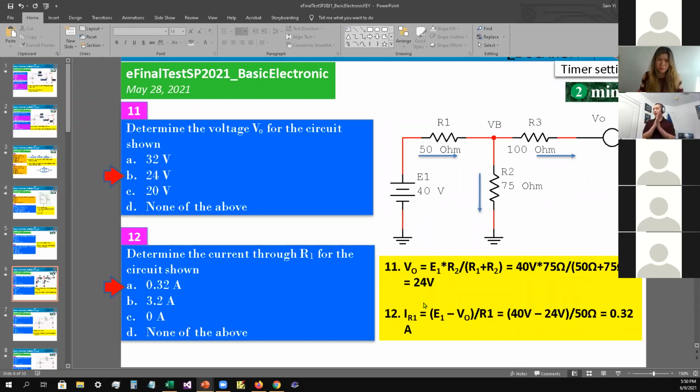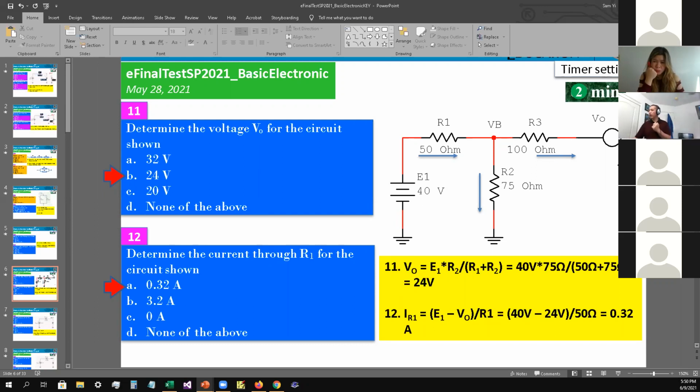Determine the voltage V out for the circuit shown. V out is going to be way out here, so we're going to look at the total. V out is going to take the voltage that goes in here, and then it takes into consideration R2.